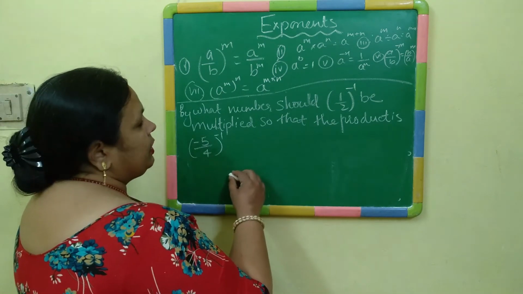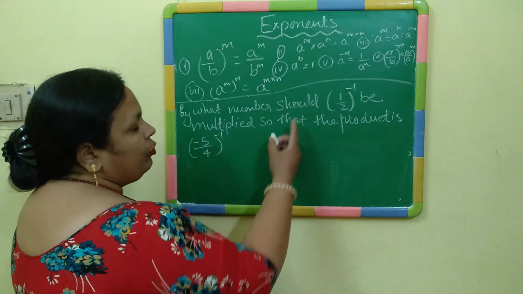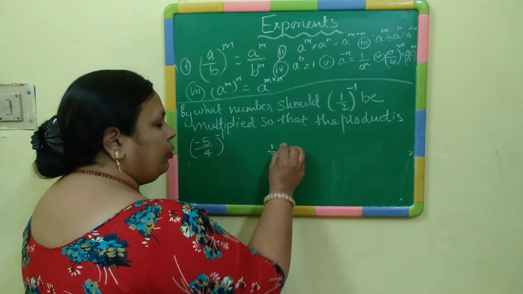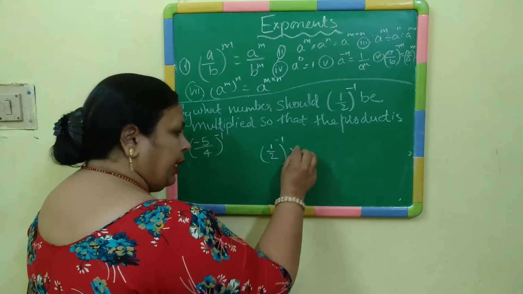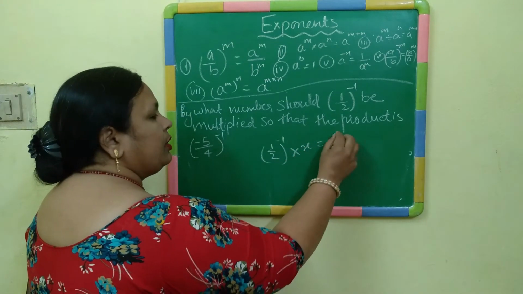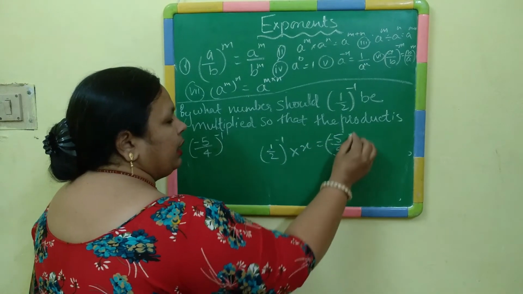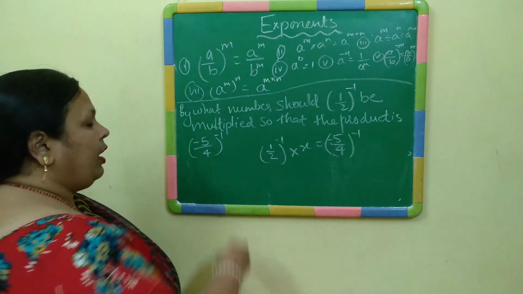Mathematically this can be represented as: by what number should (1 by 2) power minus 1 be multiplied to get (-5 by 4) power minus 1. So we have framed the equation.